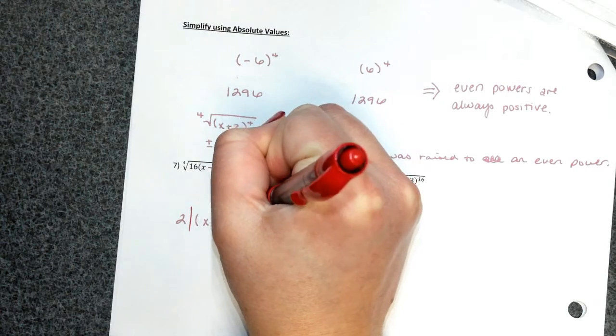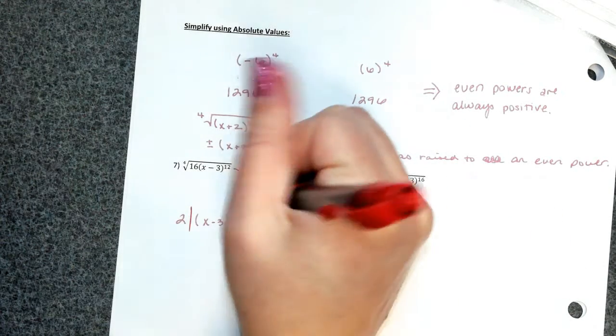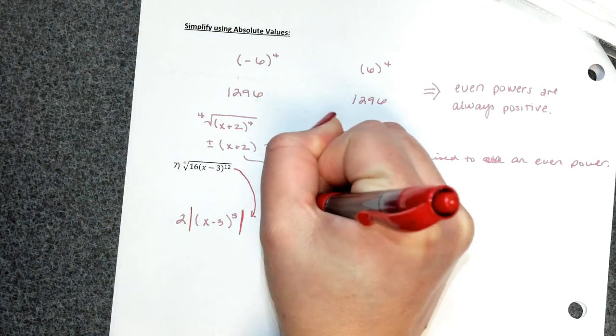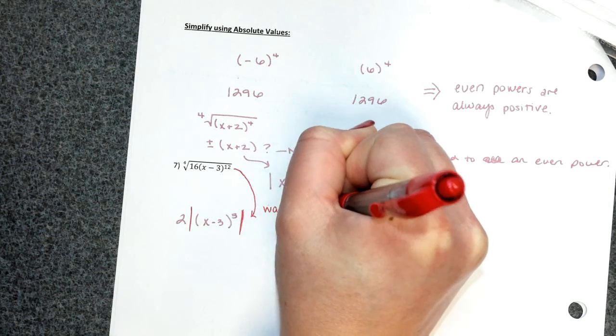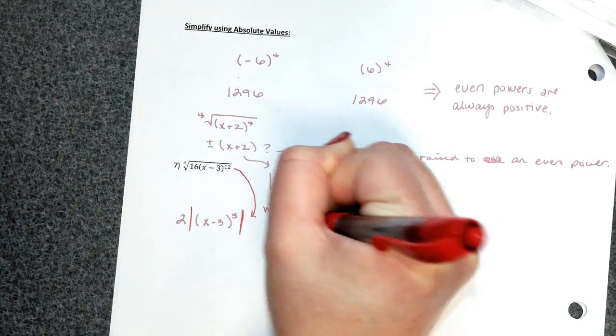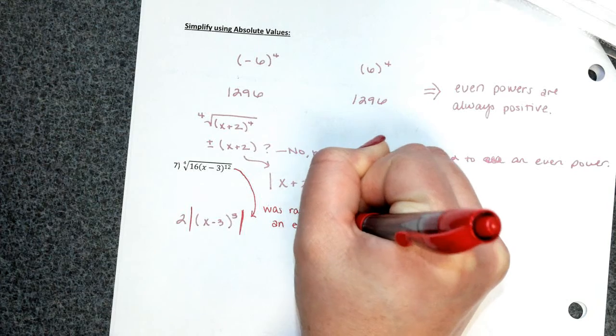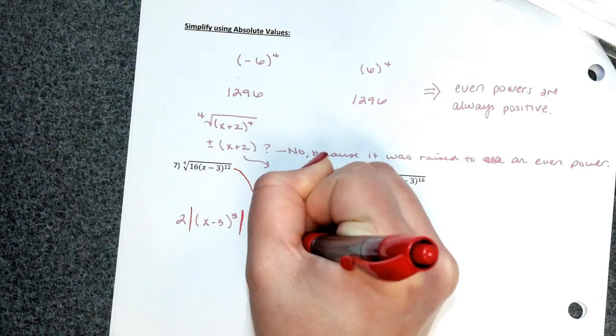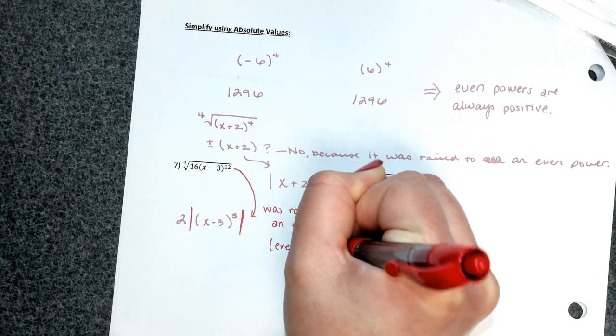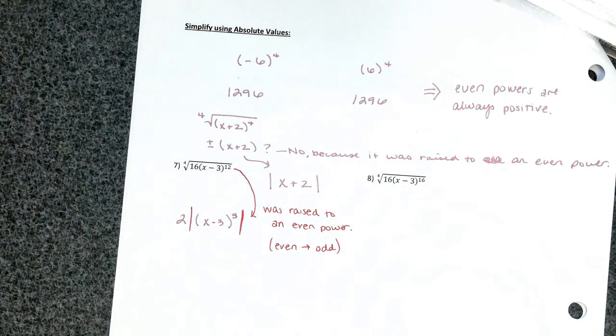So we'll put a little arrow here, and we'll write it in. Was raised to an even power. So it went from even to odd. Okay, so when it goes from even to odd, you need those absolute value brackets.